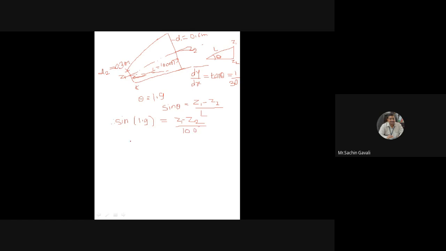Now tell me the value of Z1 minus Z2. What is the value? Anybody?